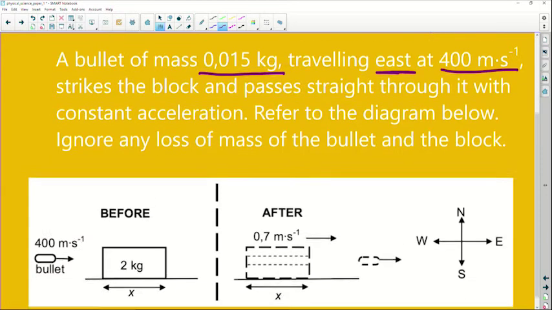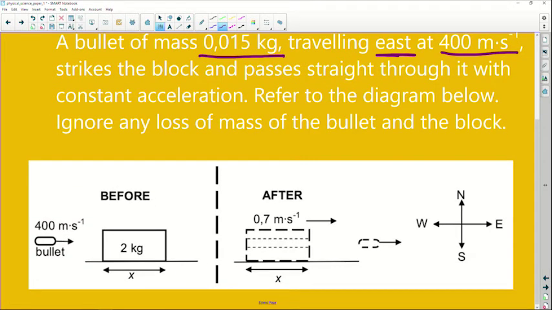Right, so let's quickly look at the diagram over here. We've got the situation initially, that is before. The bullet is traveling at 400 meters per second in an easterly direction. We've got the 2 kilogram block of wood on a table that has a length of x meters, and it is stationary.